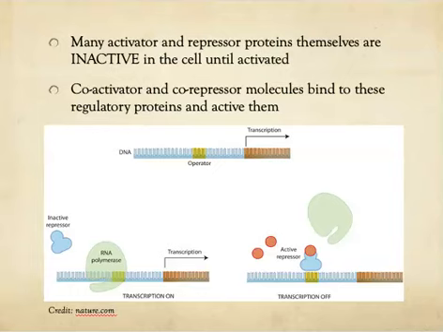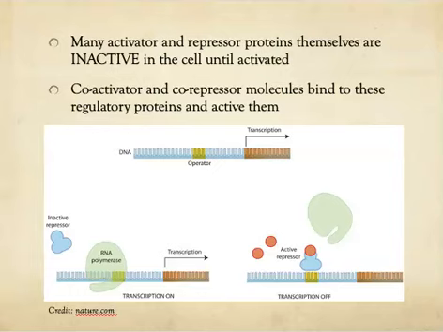Cells often add or remove phosphate groups from proteins to cause the protein to change shape and thus change function. So inactive activators and inactive repressors are present in the cell at all times, and by sticking a small molecule onto those proteins, like a phosphate group, cells can activate them and put them to work.